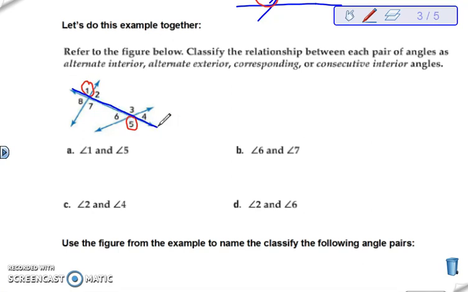I notice that they are on opposite sides of the transversal, so these angles would be alternate. And they're both outside of the 2 other lines, right? Because the middle of the 2 lines is here. So these would be alternate exterior.